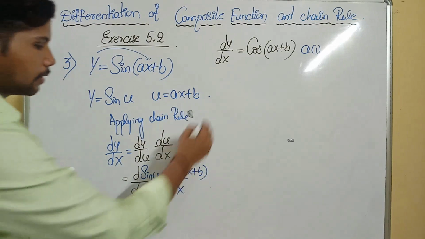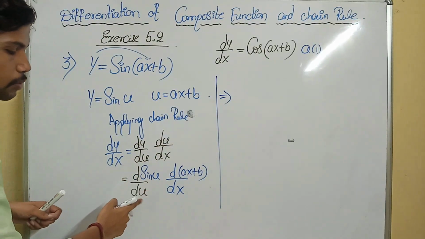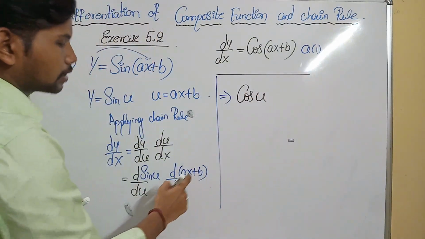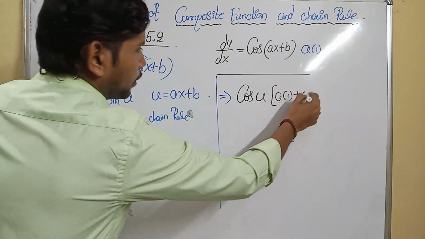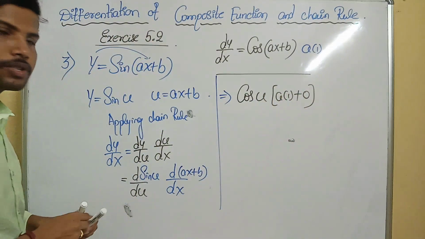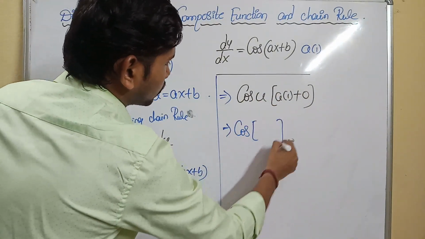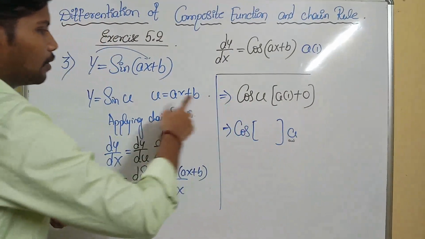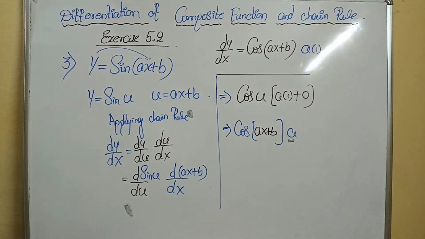Got it? The derivative of sine u with respect to u is cos of u. In ax, a stays as it is, x with respect to x is 1, and the derivative of b will be 0, because the derivative of a constant is 0. Then it will be cos of u. In the place of u, I need to substitute. A into 1 is a. What is the u value? It is ax plus b. Did you get the same answer? Fine.